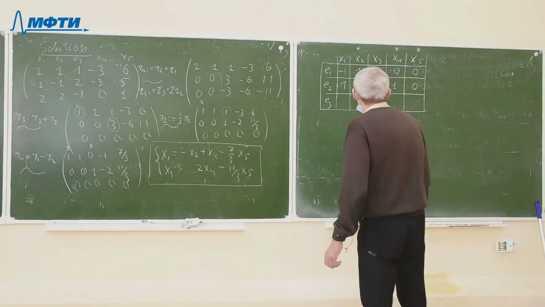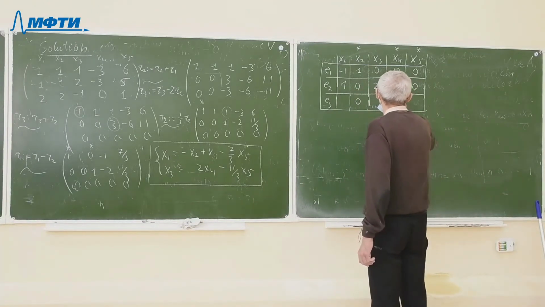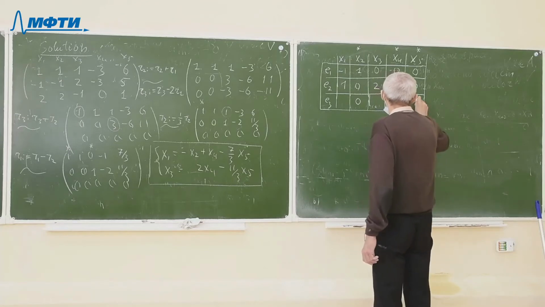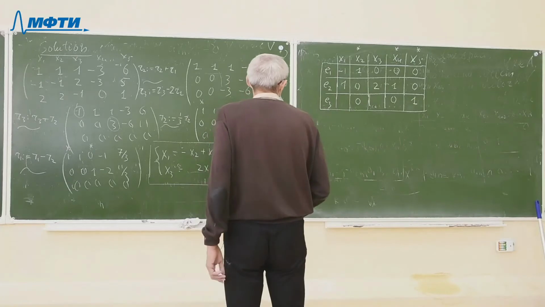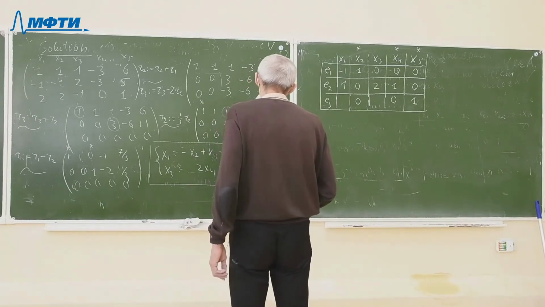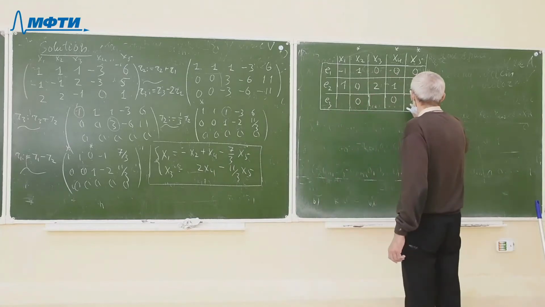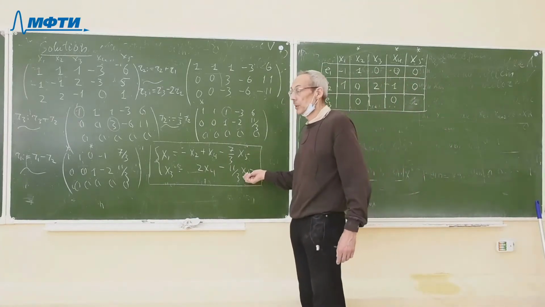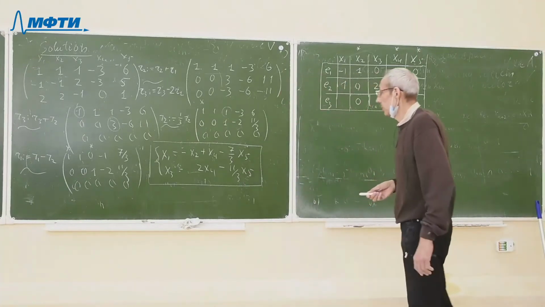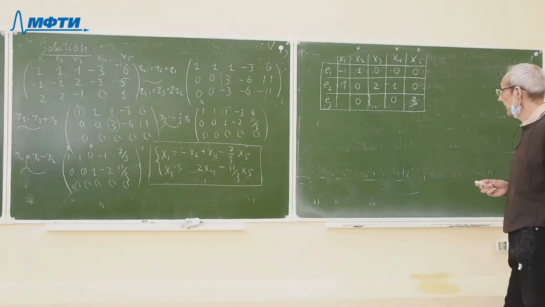For the third, I put x2 equal to 0, x4 equal to 0, and x5 maybe equal to 1. I can put arbitrary numbers. Maybe more convenient to put x5 equal to 3.